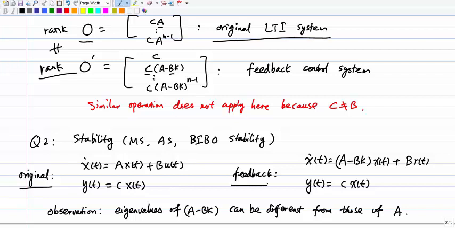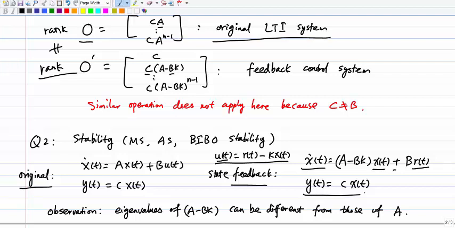If I use the state feedback, u t equals r t minus K x t, and substitute it, I can rewrite my system as x dot t equals (A minus BK) times x t plus B r t, and y is still the same.